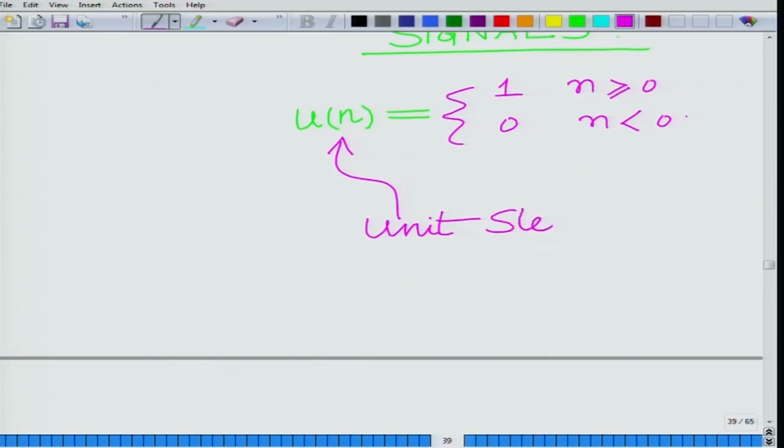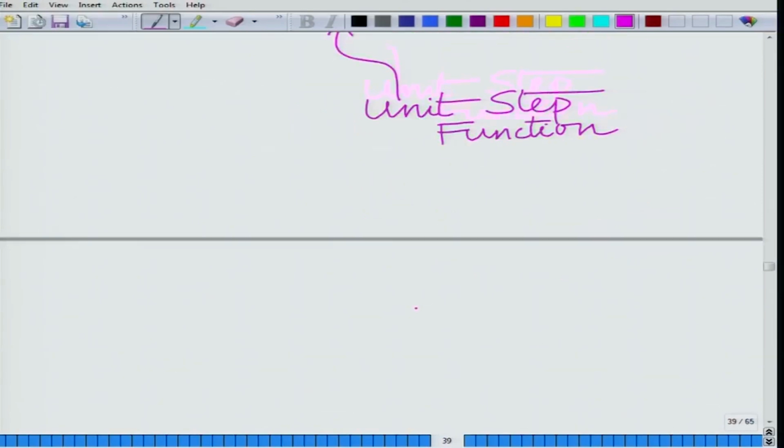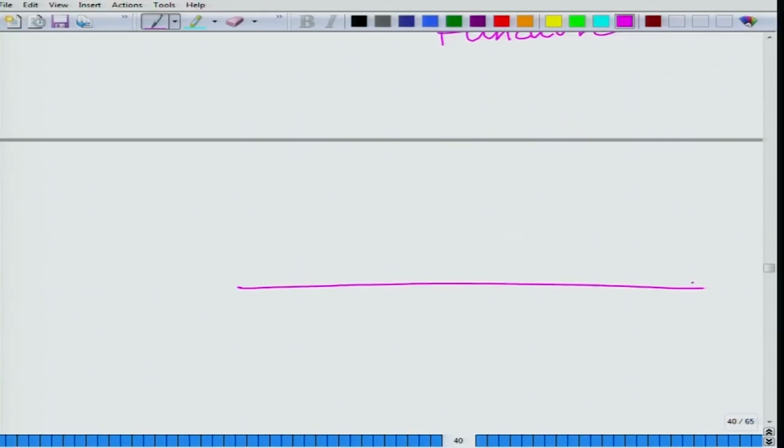The discrete unit step function, which is basically, if it's a discrete time signal, it is defined only at discrete time instants. Therefore, for n greater than or equal to 0, it is 1, and otherwise it is 0.